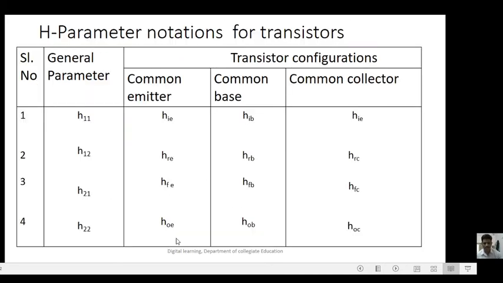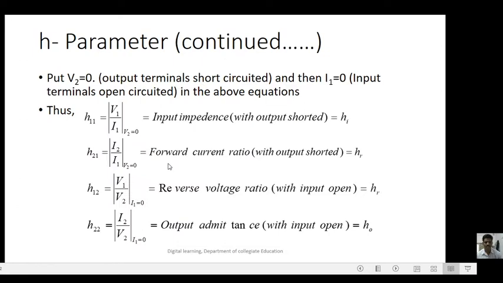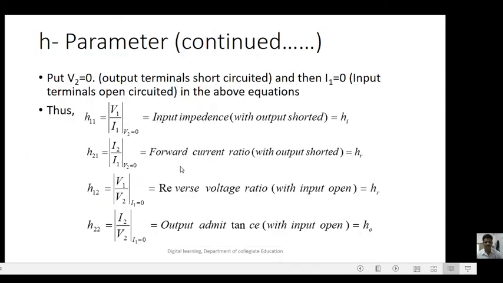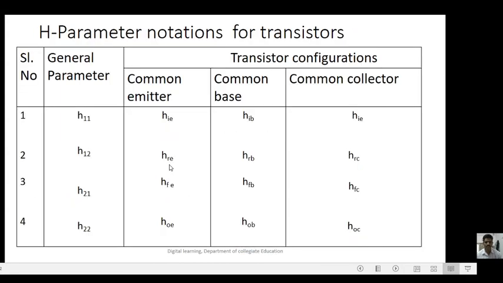So at serial number 3, H21 is the general parameter, and the common emitter is HFE, common base is HFB and common collector is HFC.